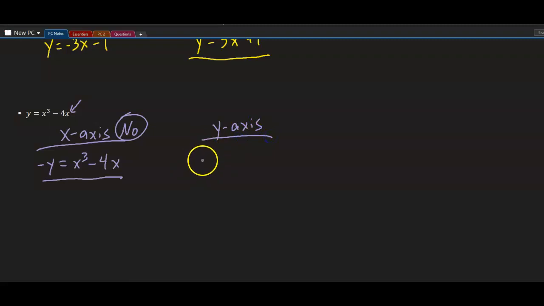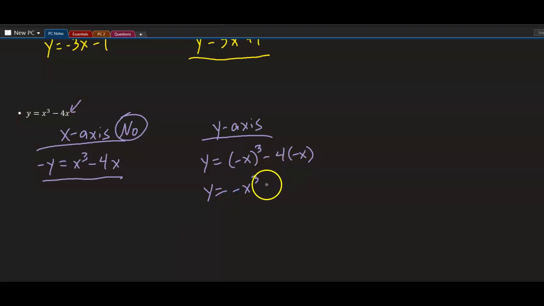Y-axis symmetry. I'm going to substitute a -x in for the x. If I cube a negative x, a negative times a negative times a negative, that's going to be a -x cubed.